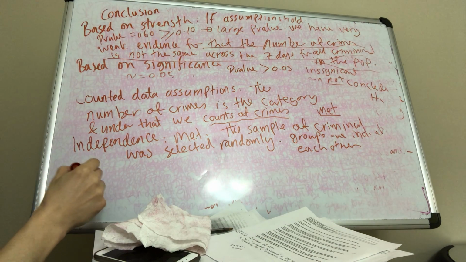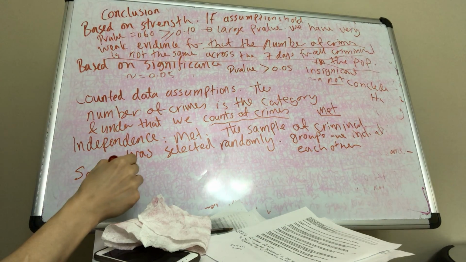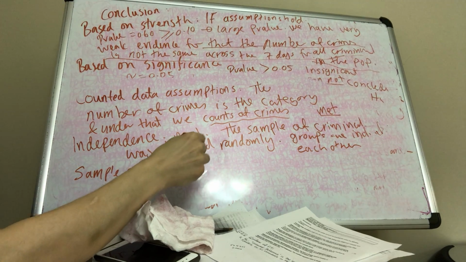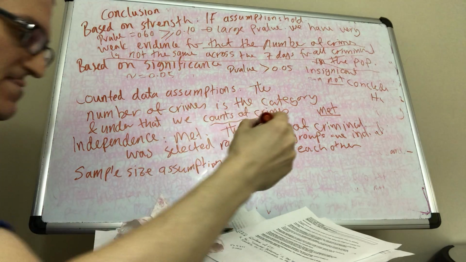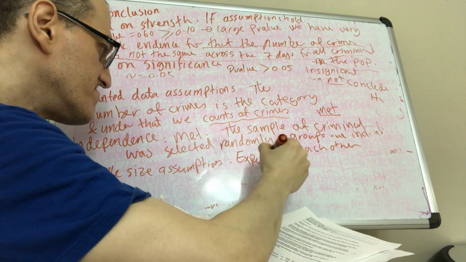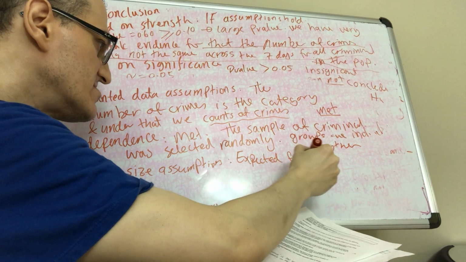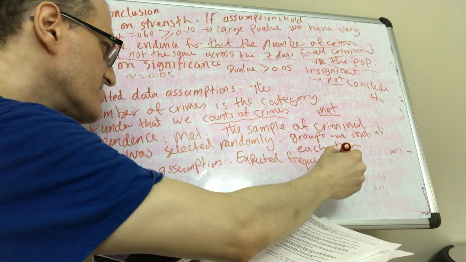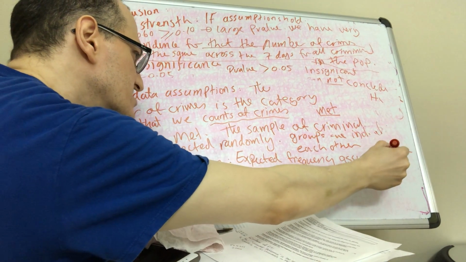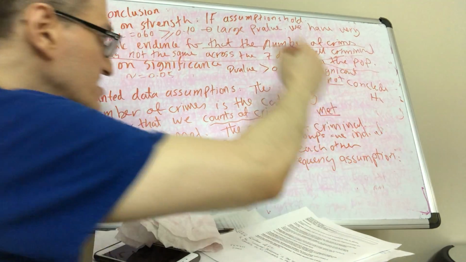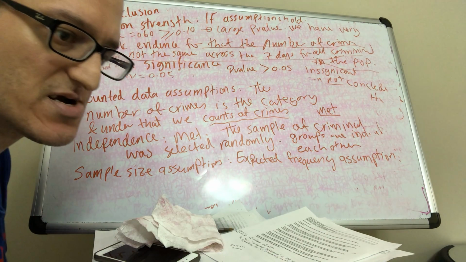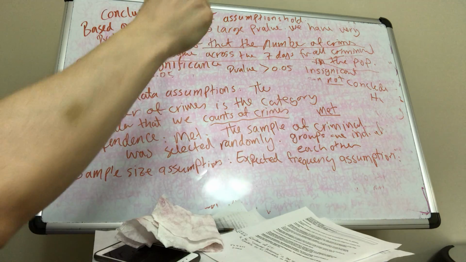The last assumption is the sample size assumption, also called the expected frequency assumption. In order for this to be satisfied, the expected values must all exceed the number 5. And they're all 20.